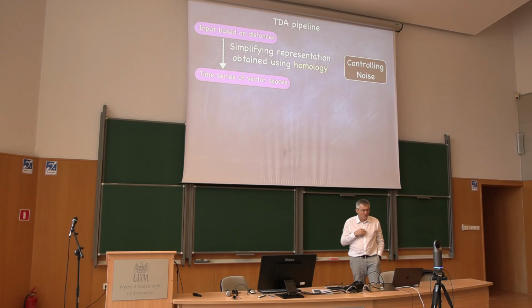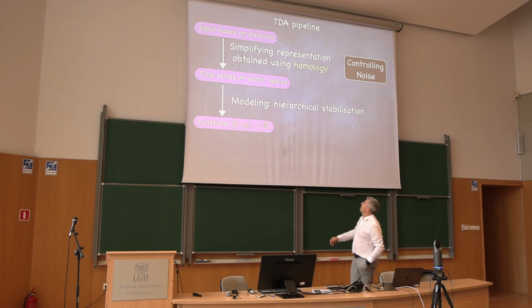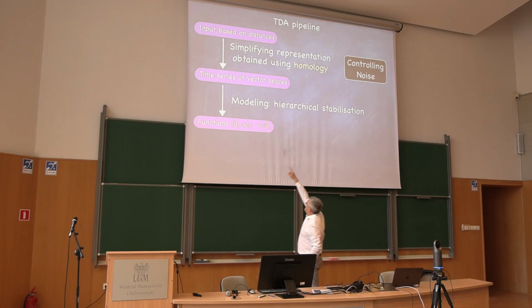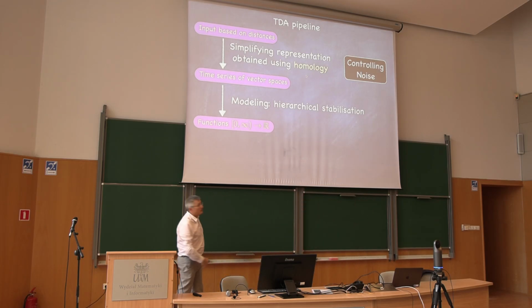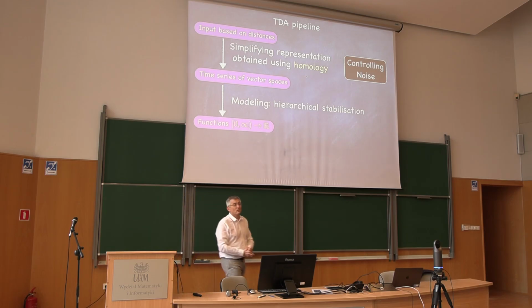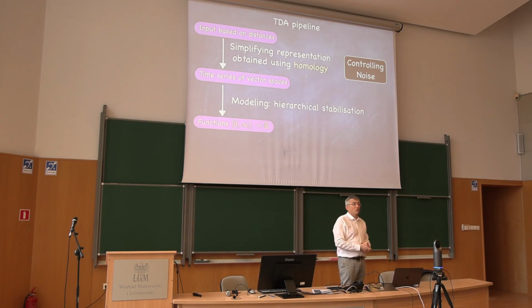Okay. So now the second step is you want to transform that information, this time series of vector spaces, into something you can do statistics on. And there are various options. You can do landscapes, persistence images. There are various options.